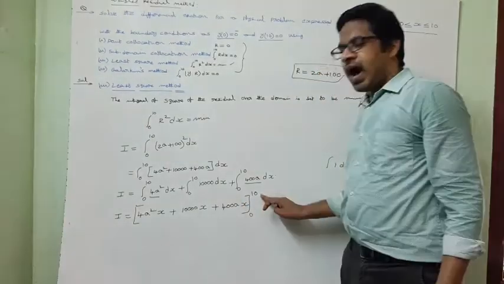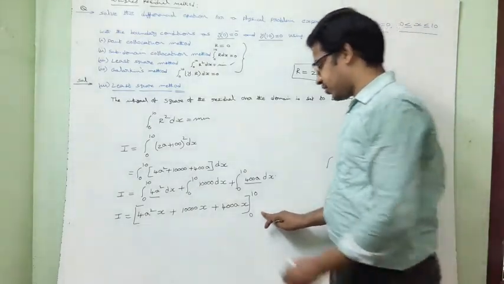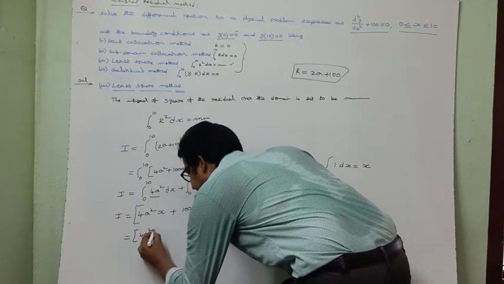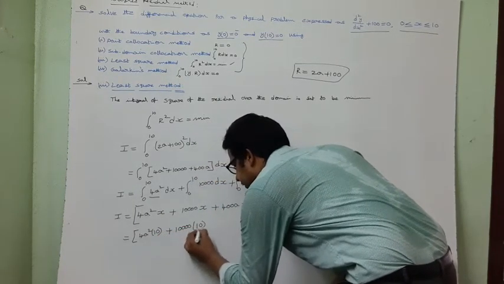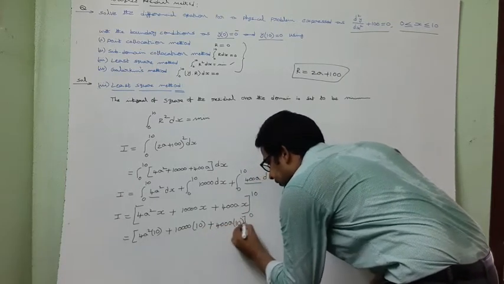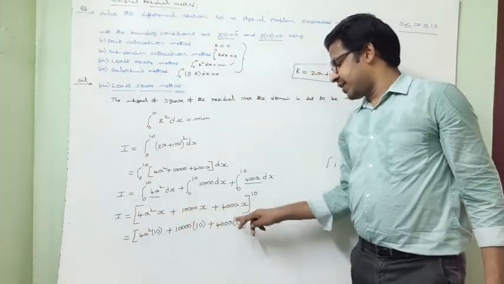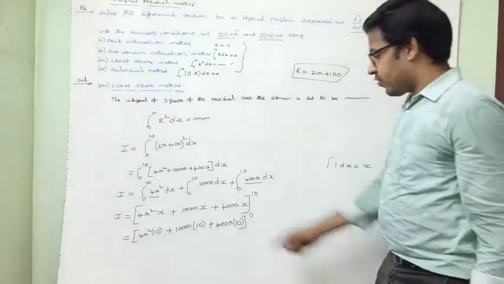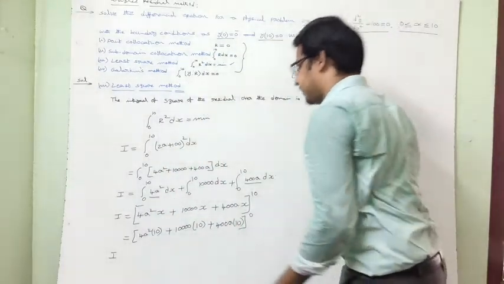We can substitute the upper limit and lower limit values in this equation. So here we substitute 4a square into 10, this is the upper limit, plus 10,000 into 10 plus 400a into 10. For the lower limit, x equals 0, so the total term is 0. So this is the final equation, the integral of the square of the residual function.